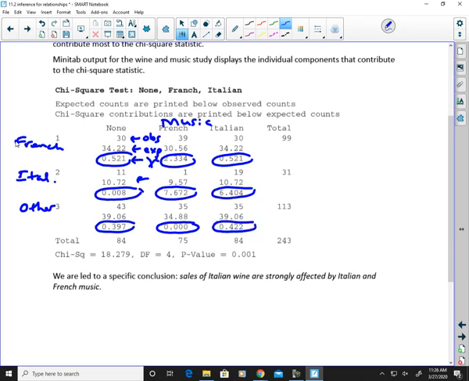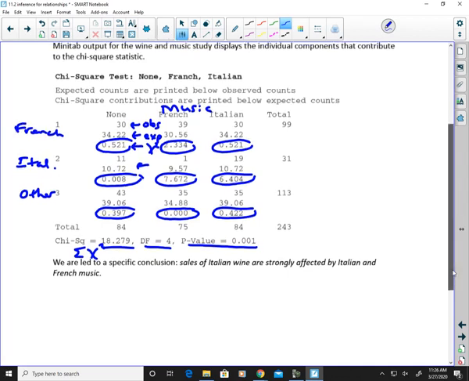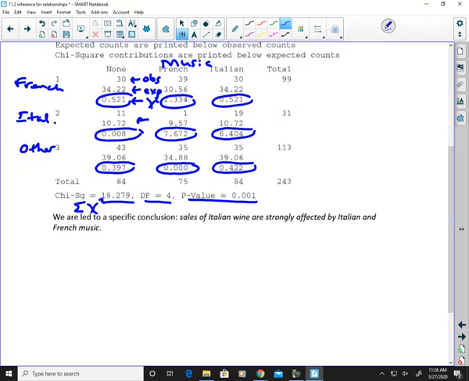And so those are my chi-squareds. Here's my sum of the chi-squareds. Here's my degrees of freedom. Here's my p-value. They are going to 3 sigs. That's very, very low.